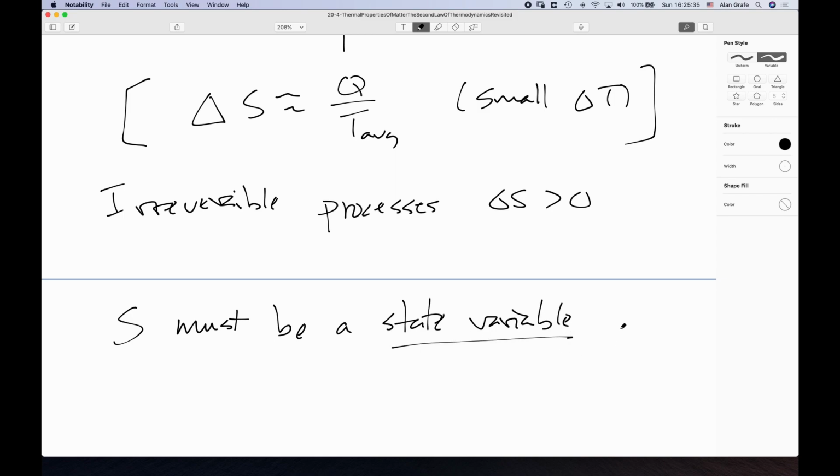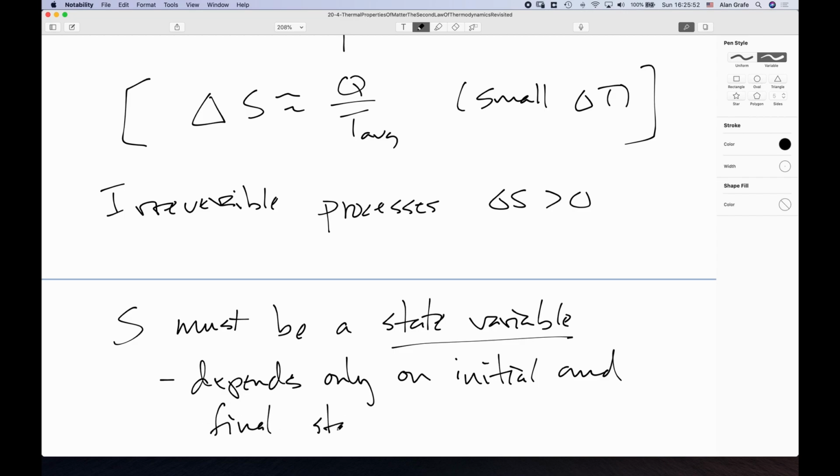And what that means is that it depends only on the initial and final states of the system. And this is due to the very practical reason that we can only draw PV diagrams for reversible processes, which, when we talked about this earlier, were processes that take literally forever to do, but they're the only ones that you can actually legit draw diagrams for.